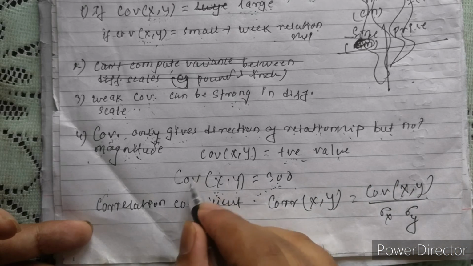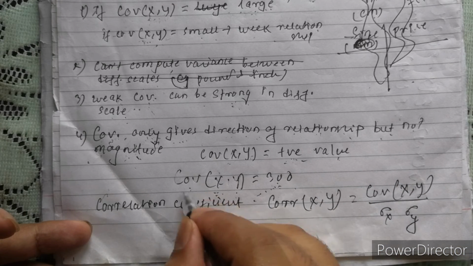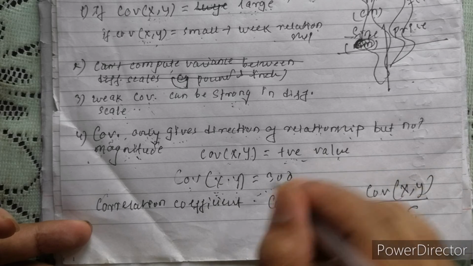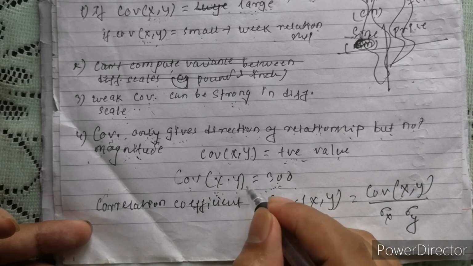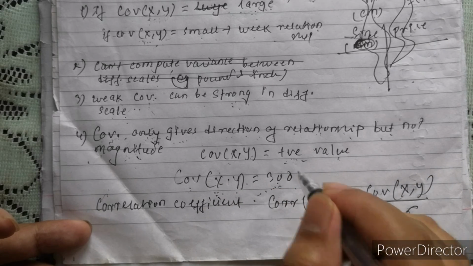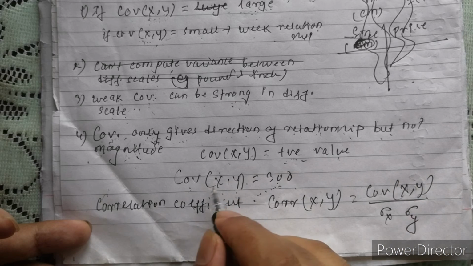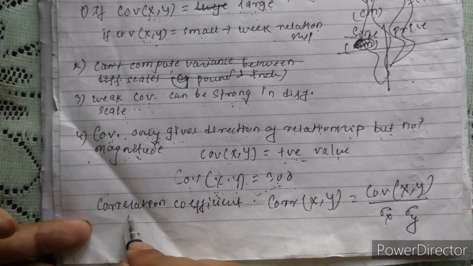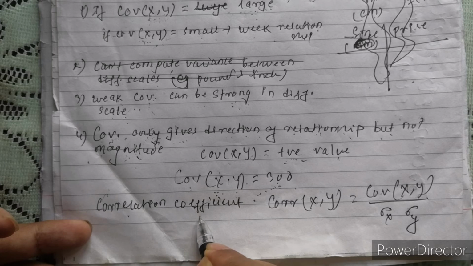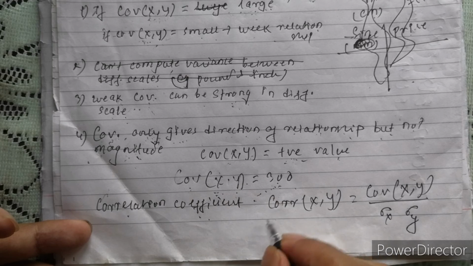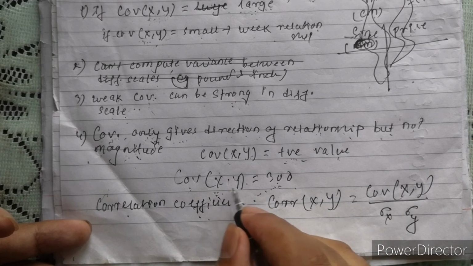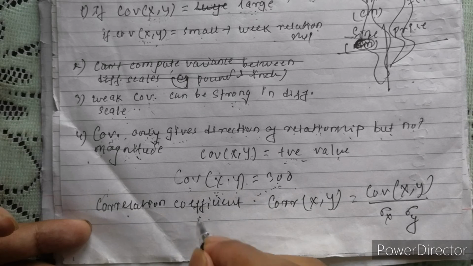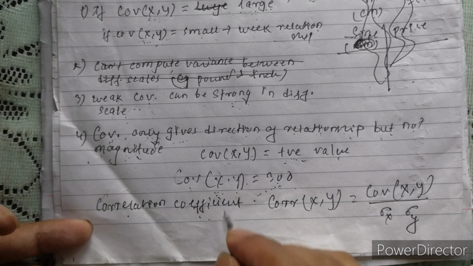But covariance does not tell you exactly how strong the relationship between x and y is. To obtain exactly how strong the relationship between x and y is, we can use the correlation coefficient. The correlation coefficient gives you exactly how strong the relationship between x and y is, that is, it gives you the magnitude of the relationship between x and y.